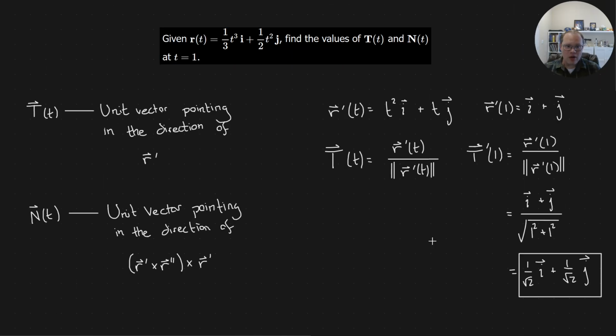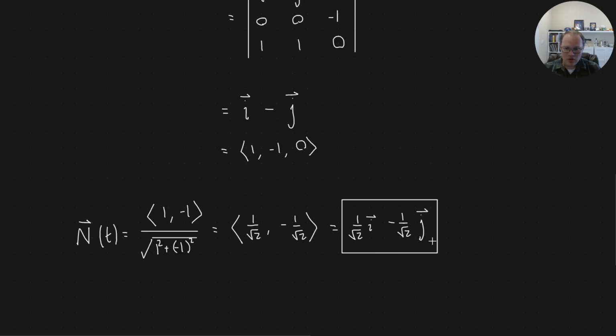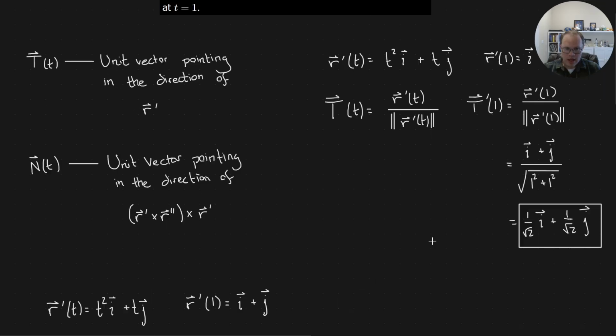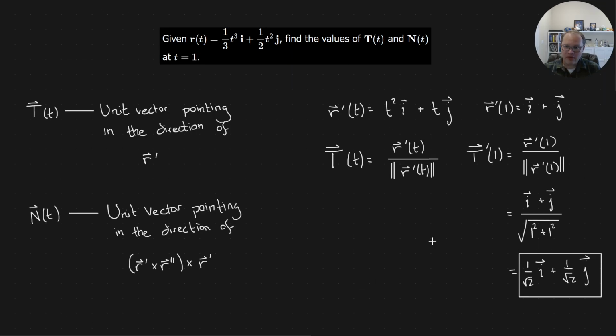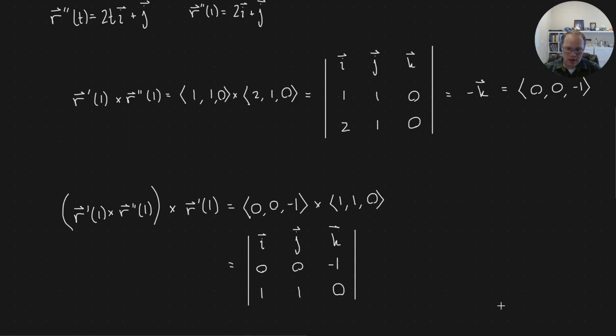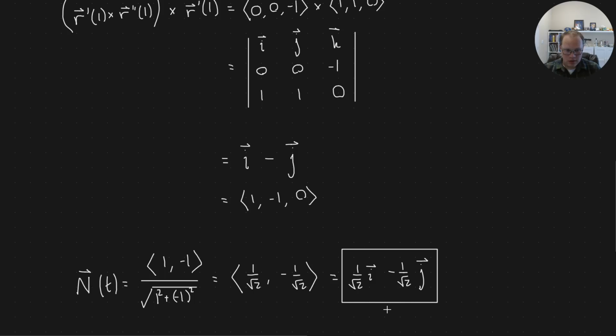And so we found the unit tangent vector and the unit normal vector. Now what I'd like to do is graph these for you so you can see that they really are tangent to the curve. This one will be tangent to the curve when t is 1. And this one will be pointing in the direction that the curve curves, at t equals 1.